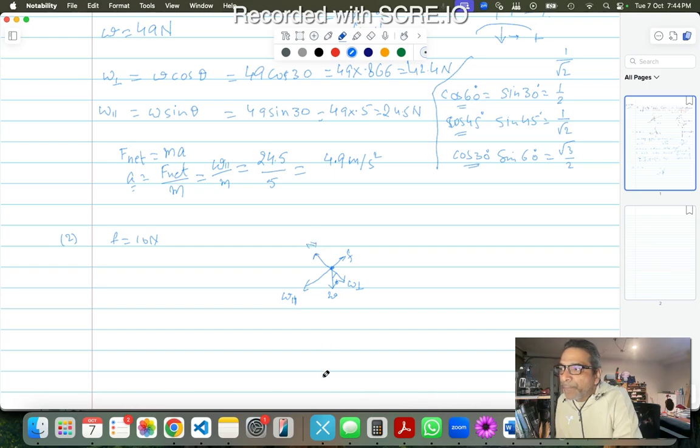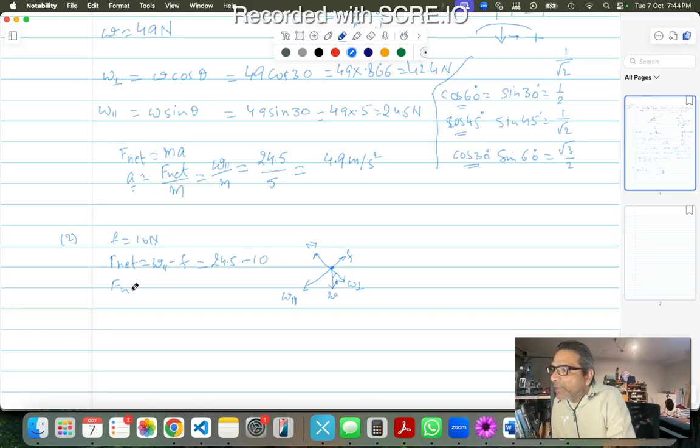This is the theta and this is the normal, right? Now here again, the value will be the same. What will change is the F net. Here, F net is going to be the parallel component minus the friction, right? So the parallel was 24.5 minus 10.